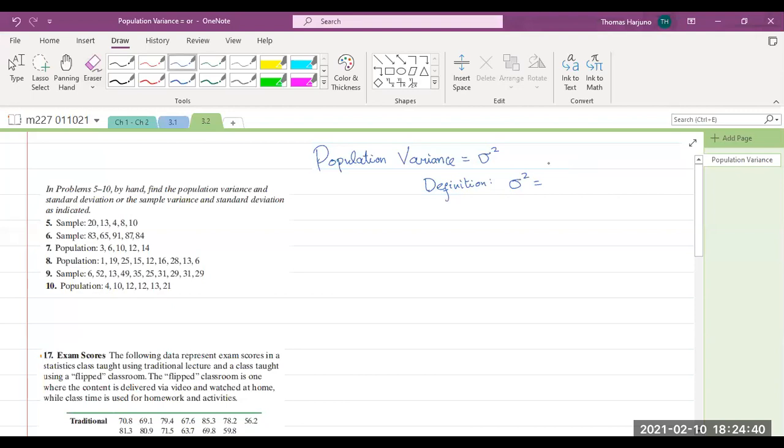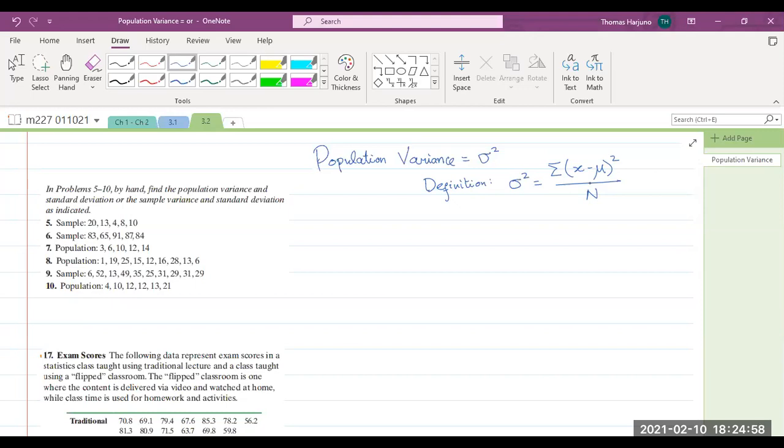Population variance is the sum of data minus the population mean, being squared, over n. The average of the square of the errors.